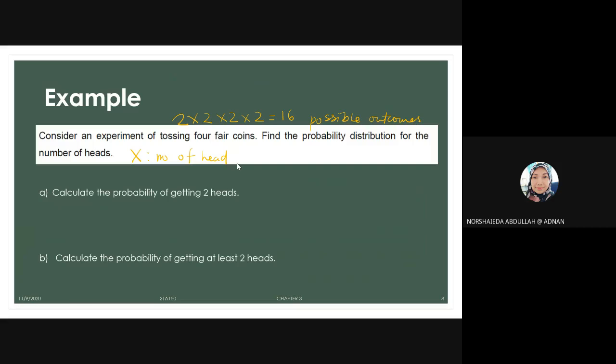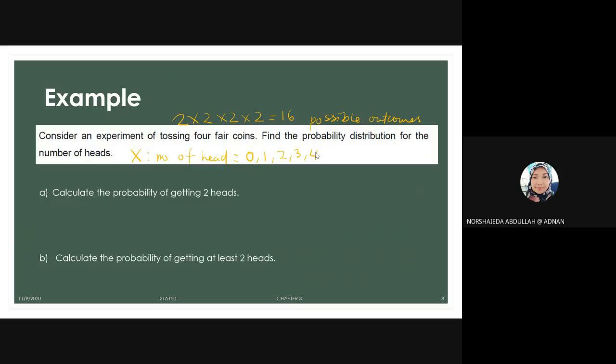But first, if we think logically, we don't need a tree diagram to know the possible number of heads. If we toss 4 coins, the number of heads we can get is either zero heads, 1 head, 2 heads, 3 heads, or at most 4 heads, because we toss 4 coins.